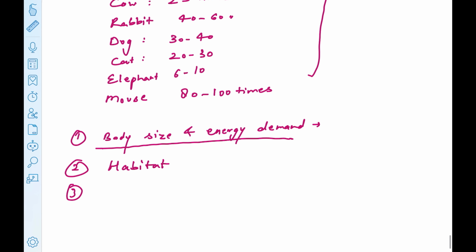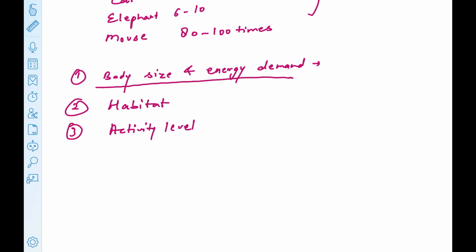Third reason is activity level. More active animals like birds and dogs have a higher breathing rate. Okay, so we can say that the rate of breathing is inversely proportional to the size of the animal. Smaller the animal, faster the breathing.